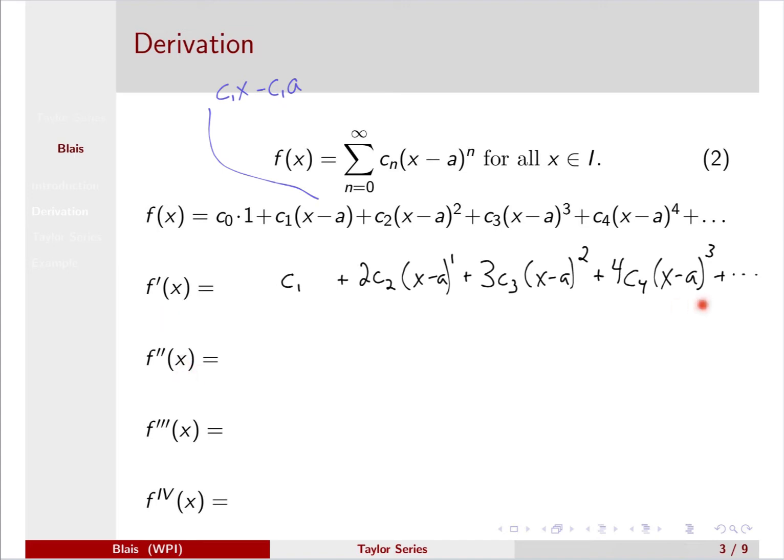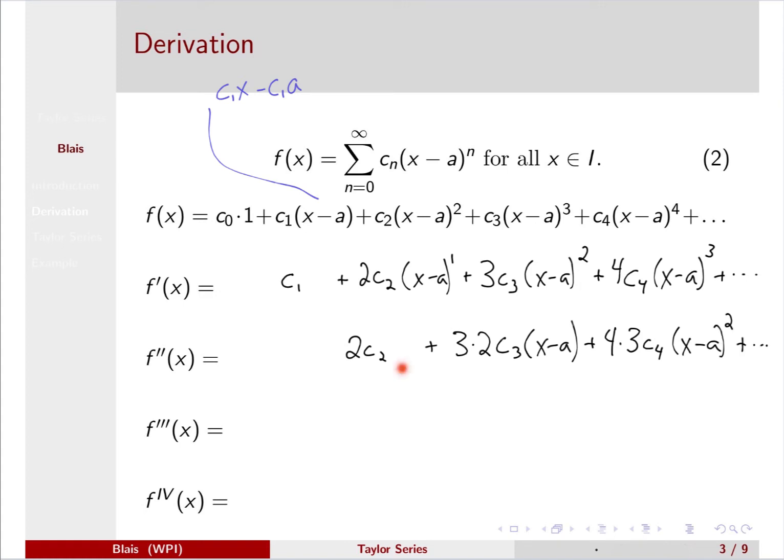Let's differentiate f prime to get f double prime. So the derivative with respect to x of c1 is 0. The derivative of this term, we'll just have this constant out front, 2 c2. For this term, we have another power rule computation. The 2 will come out front. We'll reorder it. We'll write it as 3 times 2, c3, (x minus a) to the 1. The derivative of this term, we have 4 times 3, c4, (x minus a) squared, so on and so forth.